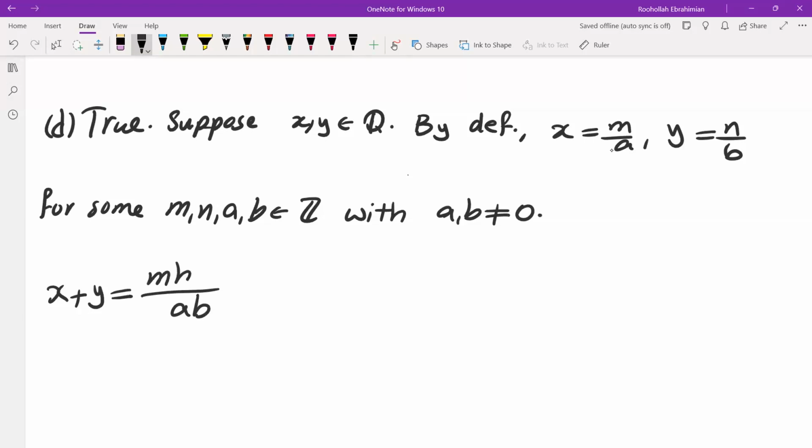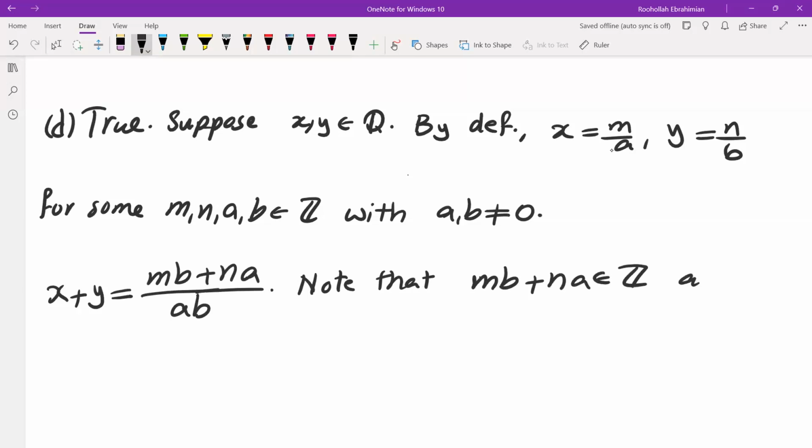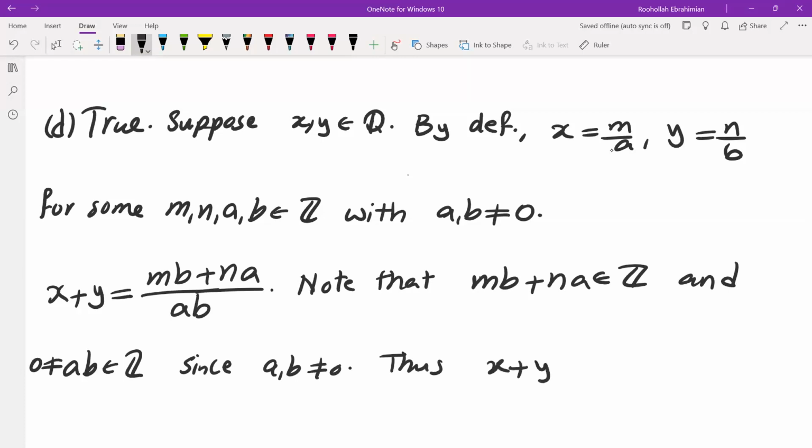We're going to get MB plus NA as the numerator and AB as the denominator. Note that MB plus NA is an integer and AB is a non-zero integer since A and B are not zero. Thus, X plus Y is rational.